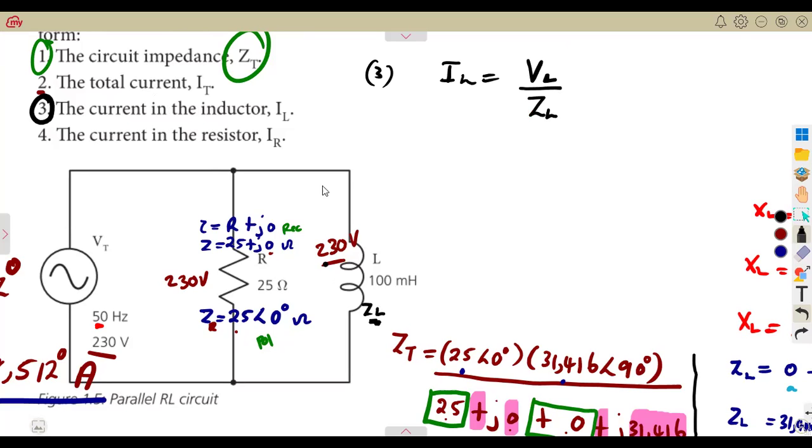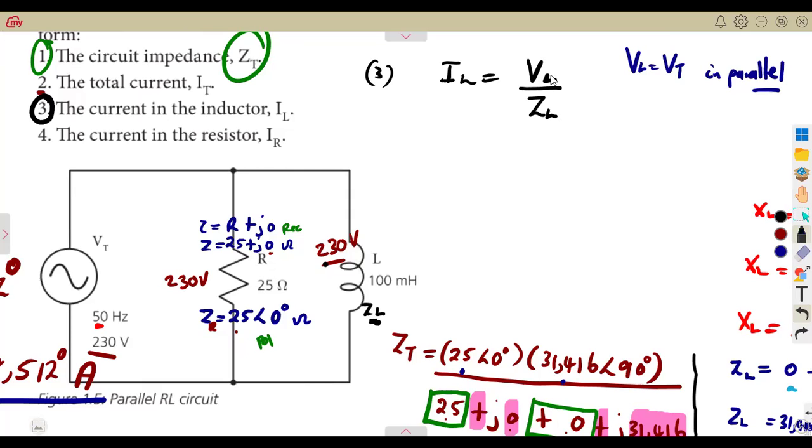The inductor reactance, which is actually the impedance, because this is a purely inductive circuit. So remember, we say that is our reactance, which represents what? The impedance. But this VL is equal to VT in parallel.